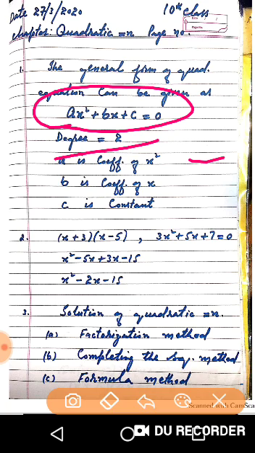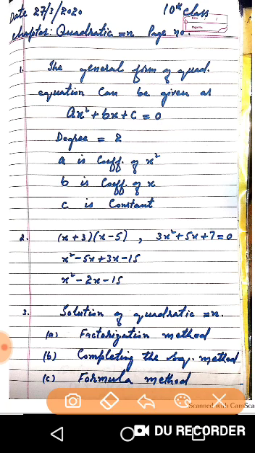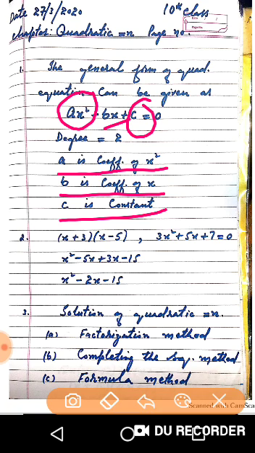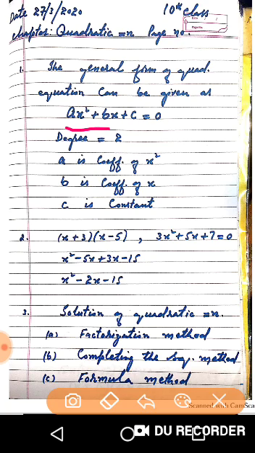Here, a is the coefficient of x square and b is the coefficient of x, whereas c is a constant term. So this is the general form of quadratic equation.